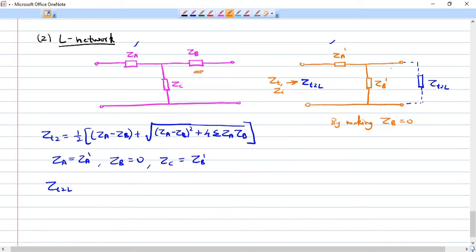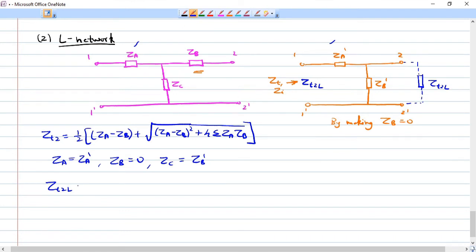That is the 2 dash terminal, and this is the 1 dash terminal.